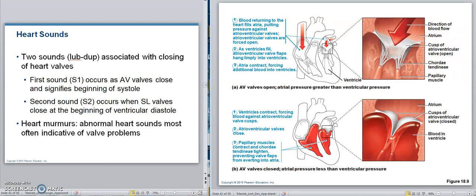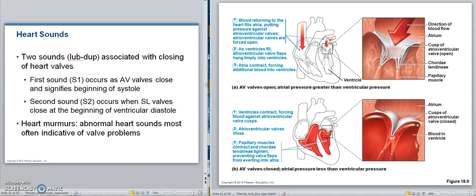Now, the left side of the heart does reach pressure faster than the right side. So the left side valve, when it's squeezing down, would close a little bit before the right side valve. So the mitral would close a little bit before the tricuspid. But the millisecond difference between the two is not enough to be heard by the human ear.